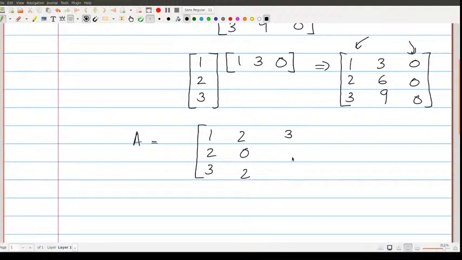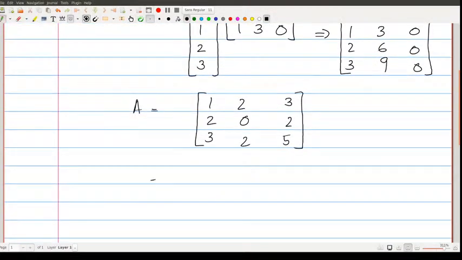So that's 3, 2, and 5. Now if I want to write this in a similar form, I just write down the independent columns. So that's 1, 2, 3, and 2, 0, 2. But now I ignore the last column because that's just the linear combination of the first two columns.